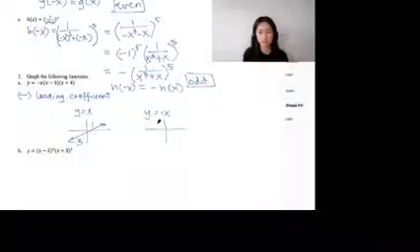Versus something like y is equal to negative x, which is quadrant 2 and quadrant 4. Does that make sense? So the negative leading coefficient or the positive leading coefficient would determine whether your function is passing quadrant 1 and 3, if it's let's say y is equal to x, versus quadrant 2 and 4 when it's a negative leading coefficient.